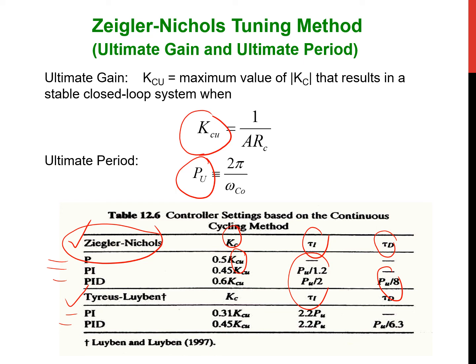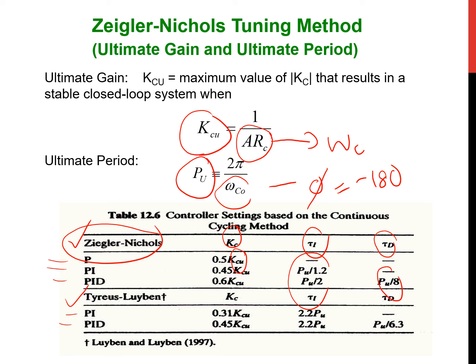When you have the frequency response, you need to use this formula because, if you take a look, KCU is based on the AR, the amplitude ratio defined at WC, your critical frequency. Same goes with the ultimate period, WCO, which you get at angle negative 180. So this is the method to find new controller parameters for a closed loop system in the case of frequency response.